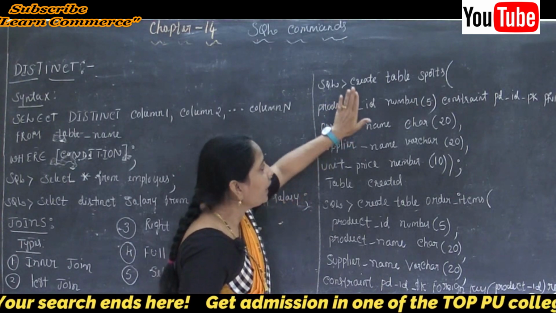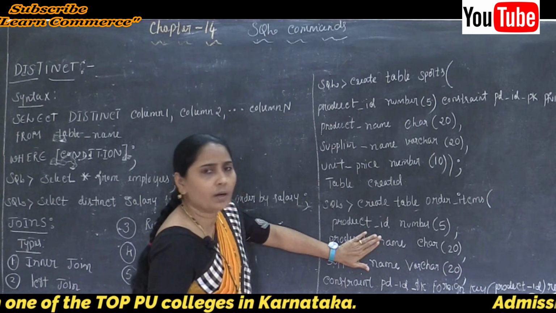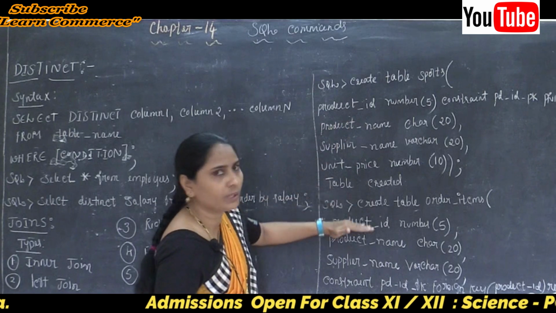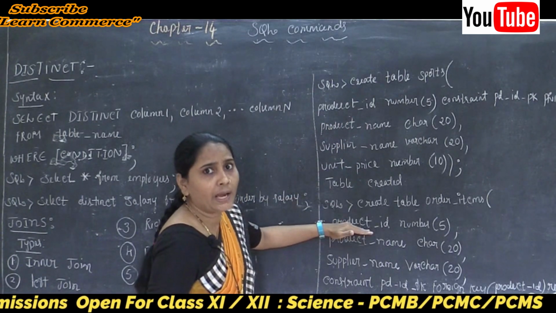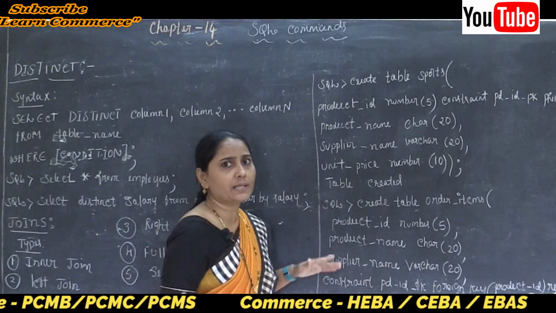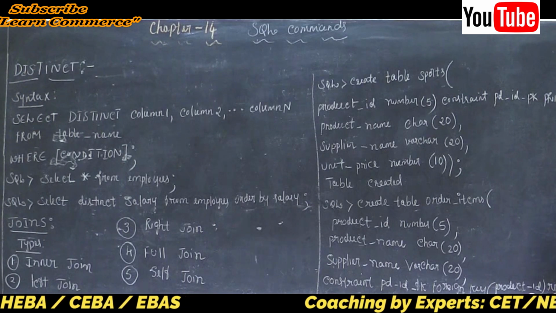Is this point clear? In this example, I created the first table, and the second table by using create table, and these two tables I want to join by using our select statement.